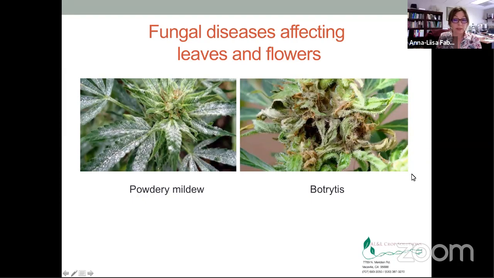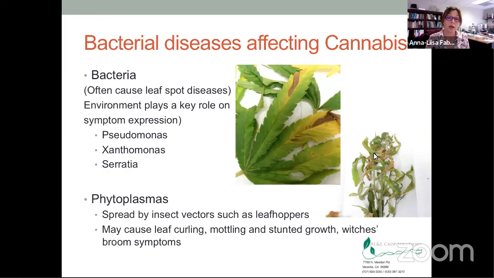More typical diseases, every grower is probably battling with powdery mildew. Sometimes there are botrytis issues, also gray mold affecting the leaves and flowers of cannabis. Then bacterial diseases as well, quite common.